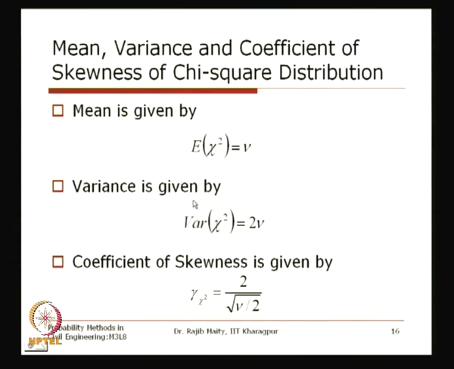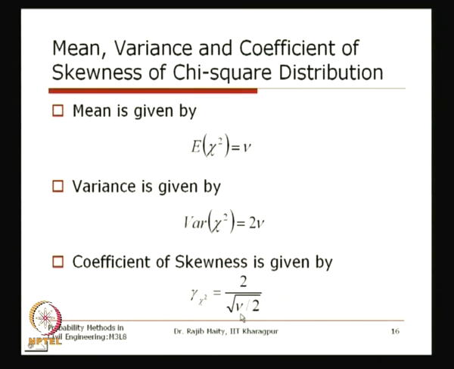The variance of the chi-square distribution is 2 nu, that is double the mean, and the coefficient of skewness is 2 by square root of nu by 2. This is always positive, so the chi-square distribution is always a positively skewed distribution.